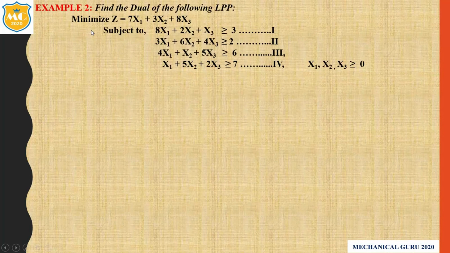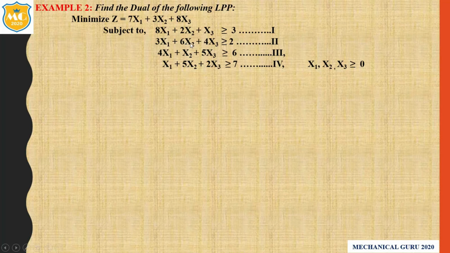So here the problem is minimize. Minimize z is equal to 7x1 plus 3x2 plus 8x3. Subject to the first constraint 8x1 plus 2x2 plus x3 less than or equal to 3.